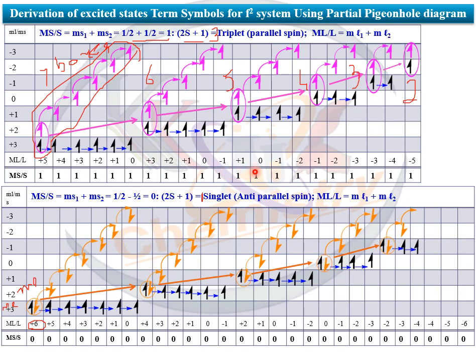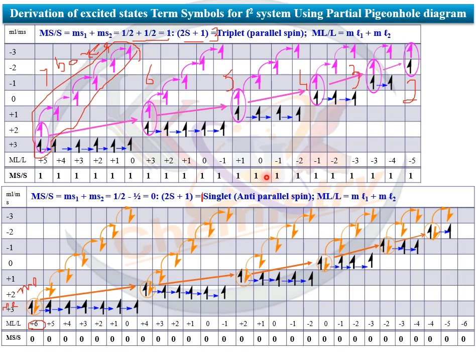The term symbol will be triplet F. Next one is triplet P, because here we have maximum plus 1. So plus 1, 0, minus 1.